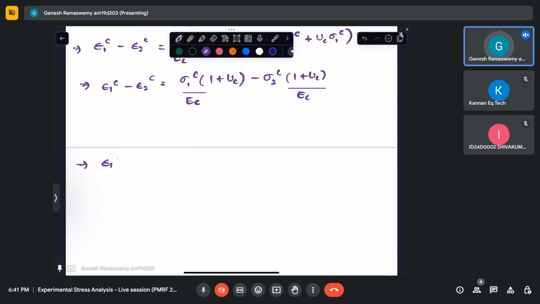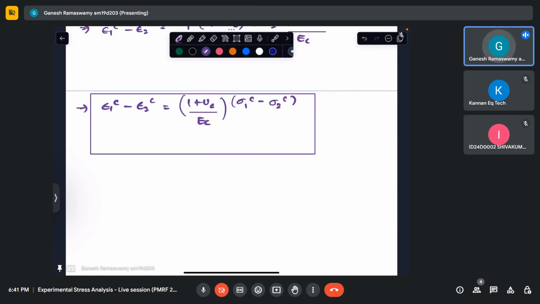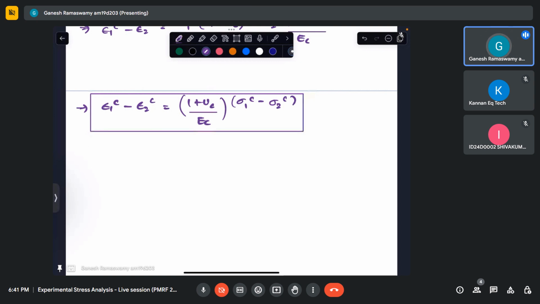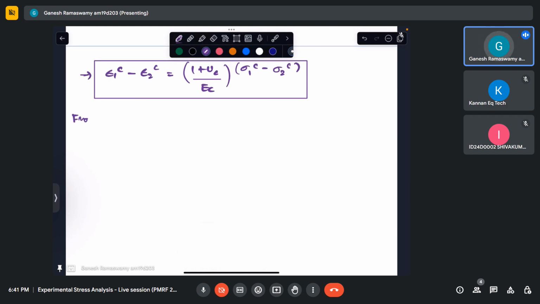Now this is somewhat familiar to us, that principal strain difference and principal stress difference are related here. Now we know from our knowledge of transmission photoelasticity that sigma 1 minus sigma 2 is n f sigma by h, where h is the thickness of the specimen.